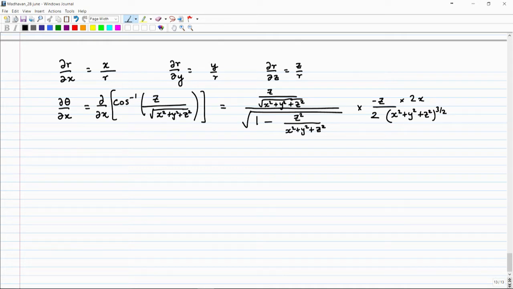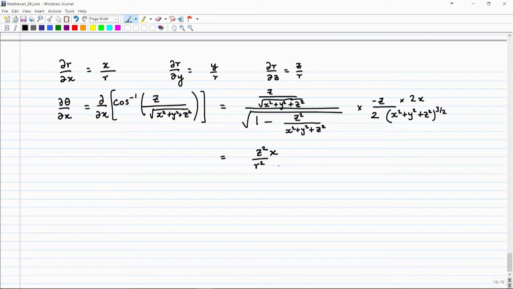Again it looks very tedious, but you will find that a lot of things will cancel. So, once we have done this, I will just replace this by r. So, this is z by r, this is minus z by r cube. So, I will have z square by r square, and then I have an x that is hanging around. And then what do I have here? Now, I have x square plus y square plus z square minus z square.